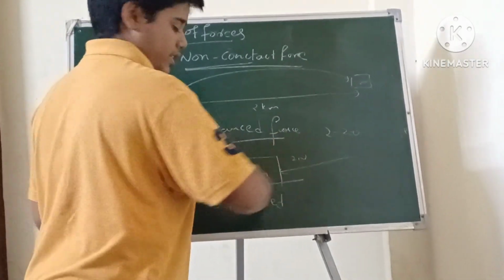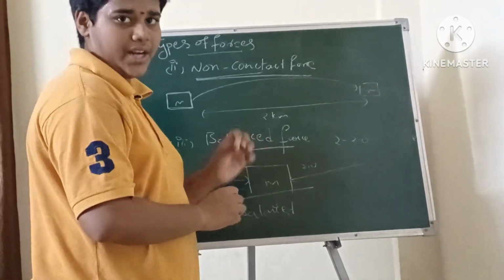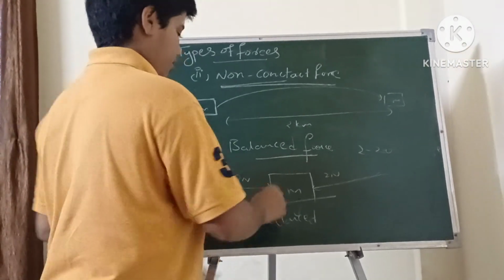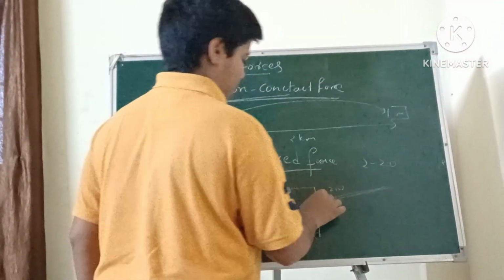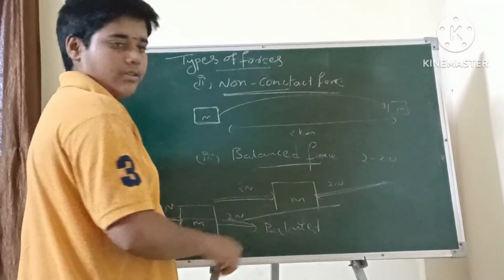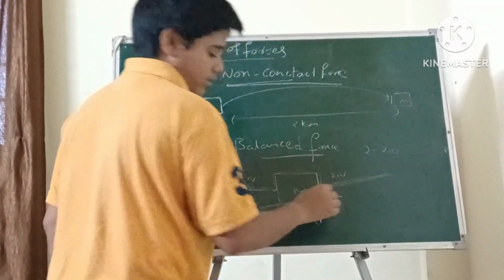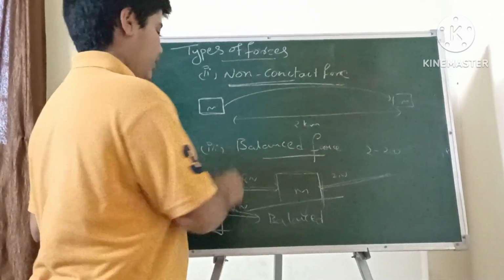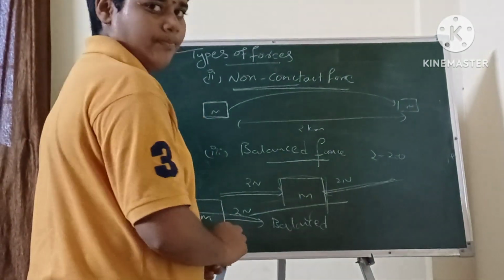Both forces are in opposite direction, we have to subtract. Okay? So both forces are in opposite direction, so we have to subtract 2 minus 2, 0. So it is in rest state. Okay? This is the third type, balanced force.